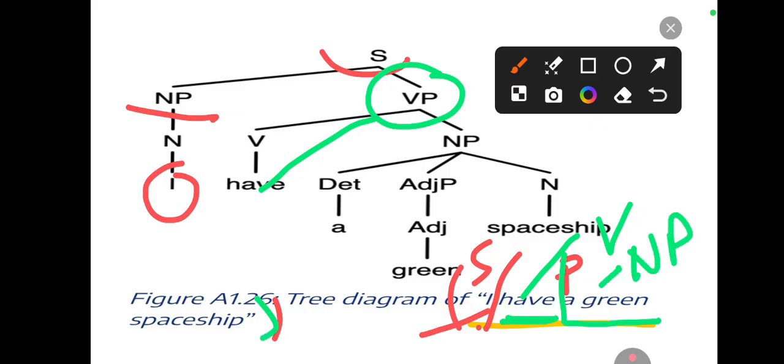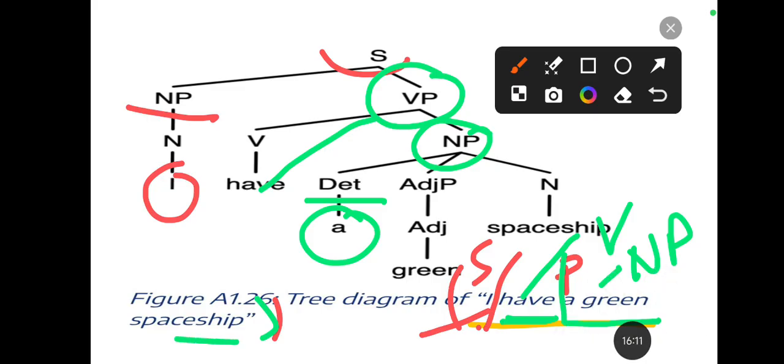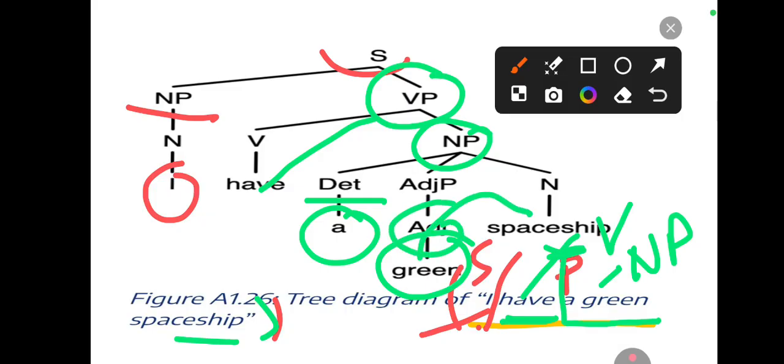So here you will drop the verb, and again if you read this sentence, "a green spaceship" is now another noun phrase. So you will analyze this noun phrase this way: "a" is the article, the determiner, right? "Green spaceship", this is the noun, so definitely this is the word which qualifies the noun, so this is the adjective, and this is the noun.